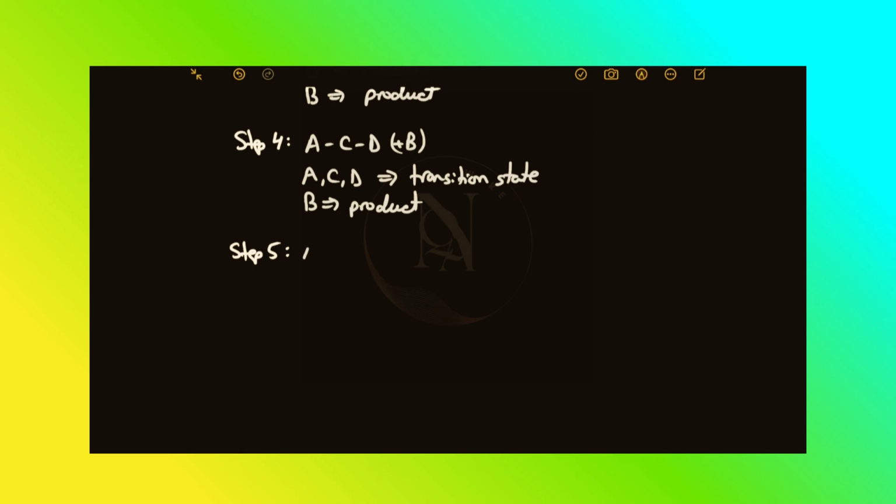And in step 5, we have A plus CD plus B. Here, B, C, and D are products, and A is a catalyst.